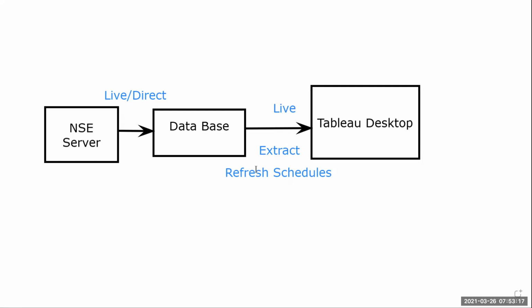So the extract connection is always the best, but there are cases when the data set is very huge, and then it will take some time to take the extract. Maybe if you have 10 million or 20 million records, taking the extract will take a lot of time.